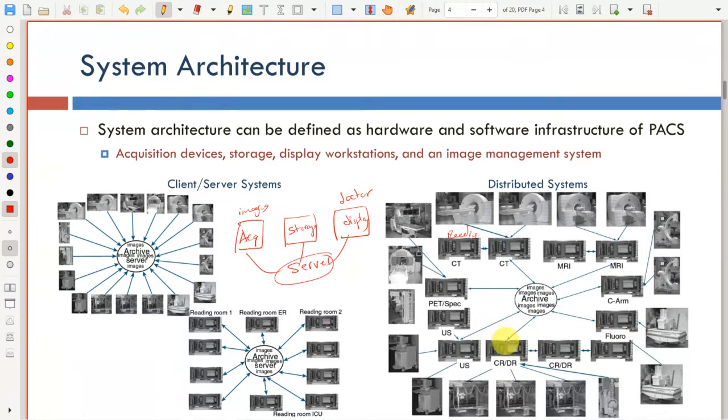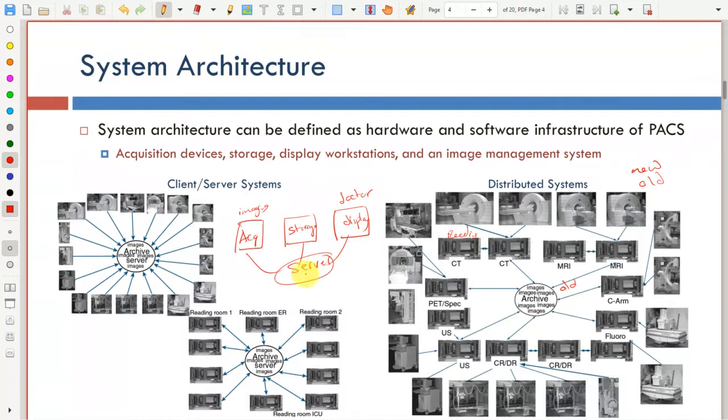And when they are done, they save the data to the archive, so that if you need it later, you can retrieve it from the archive. For a new case, you will retrieve it directly from the imaging systems. If you're talking about an old case, then you will get it from here, from the archive, okay?